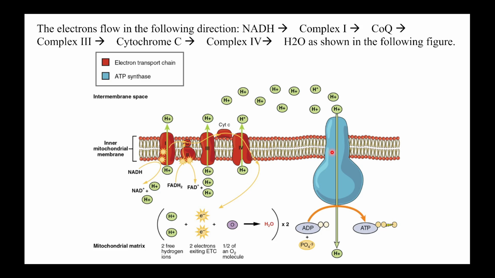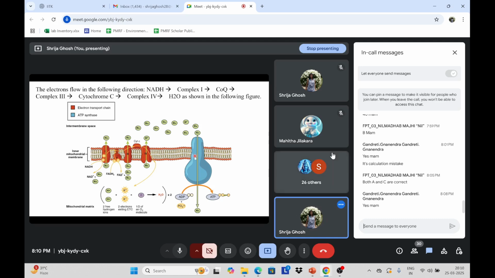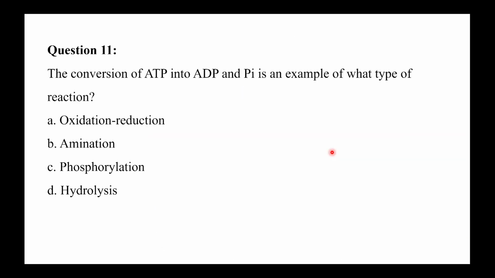So ATP formation is the most important step in all these metabolic processes. Whatever we are eating, we are finally aiming to generate energy. That's how we are going to survive. This is clear to everyone? Okay. Moving on to the next question.